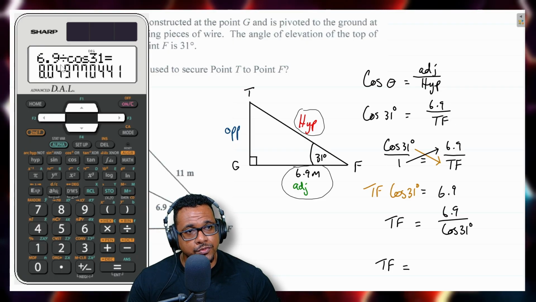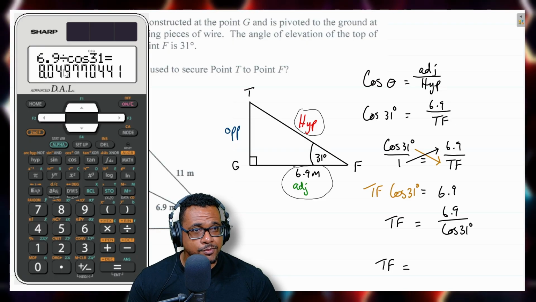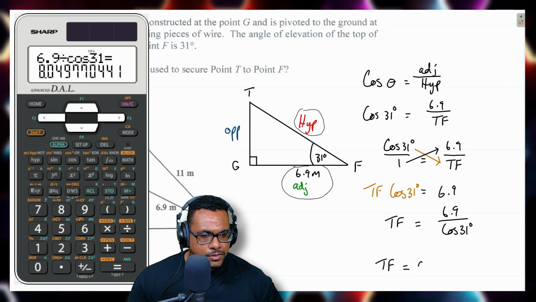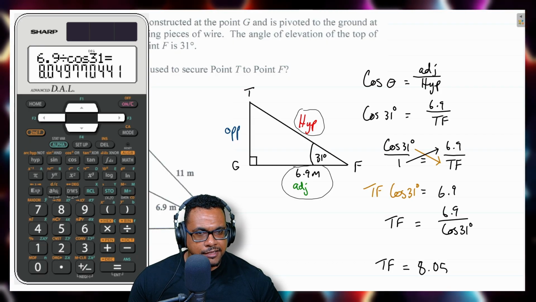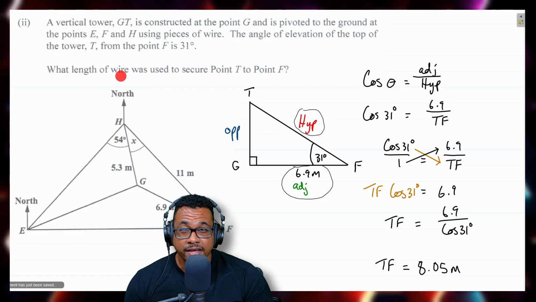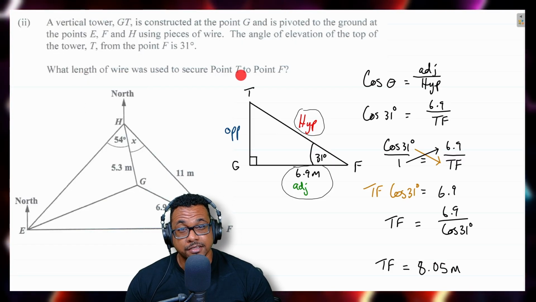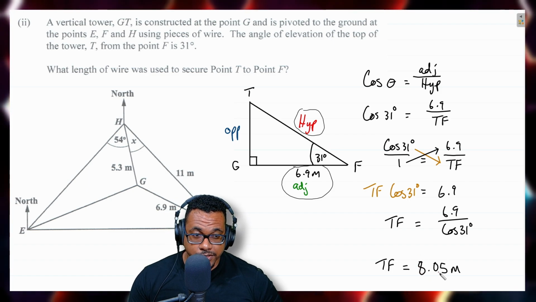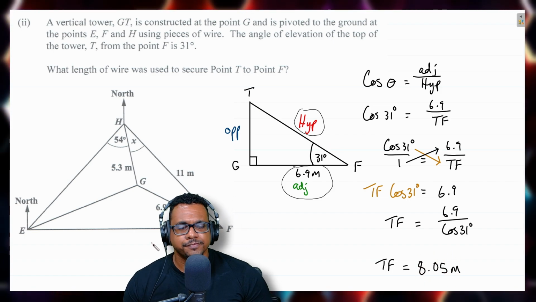So 1, 2, 3, stop at the 4. After the 4 is a 9, so we have 8.05, and that'll be meters. So the length of wire that was used to secure the point T to the point F is equal to 8.05 meters.